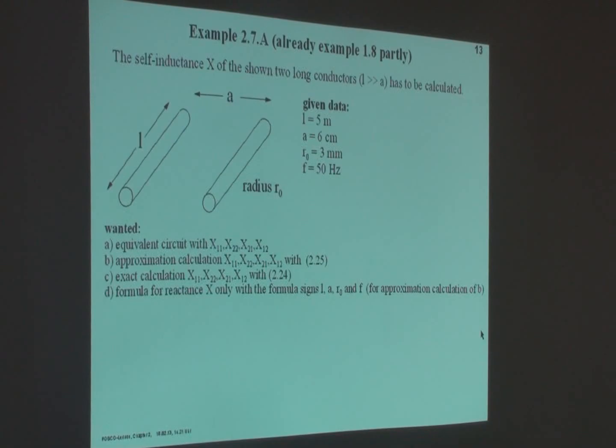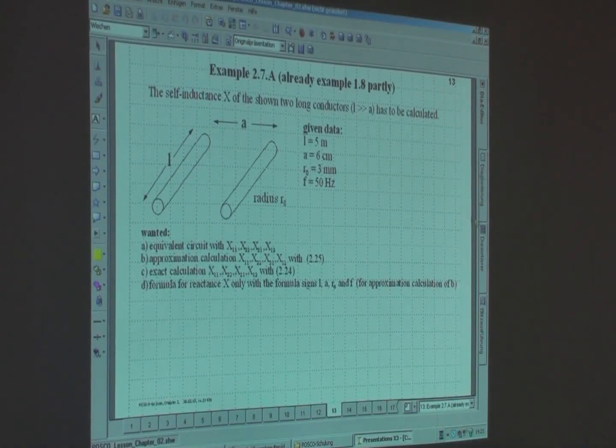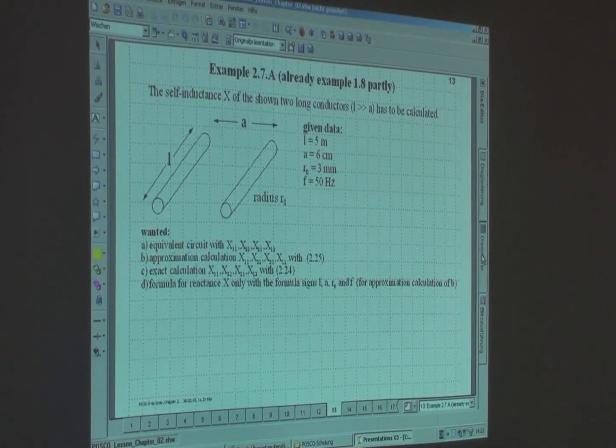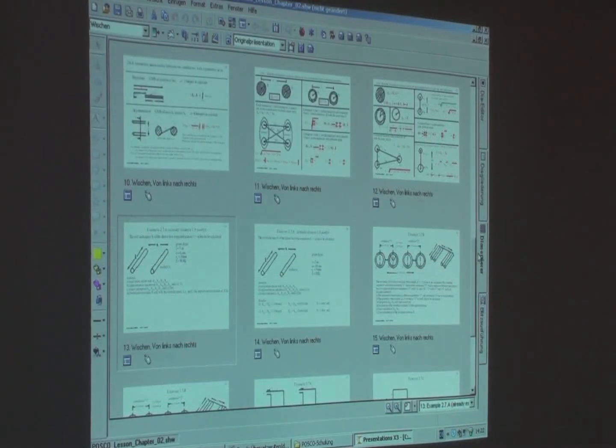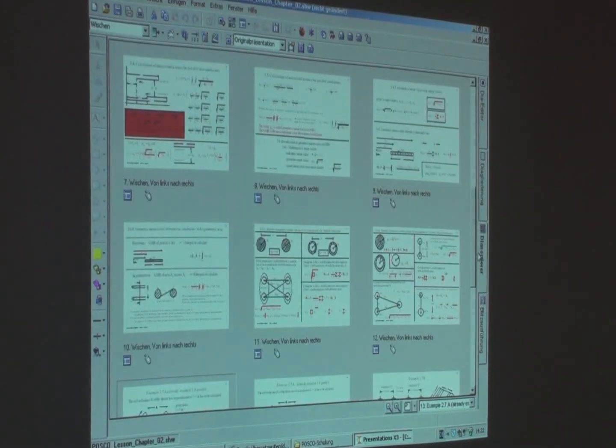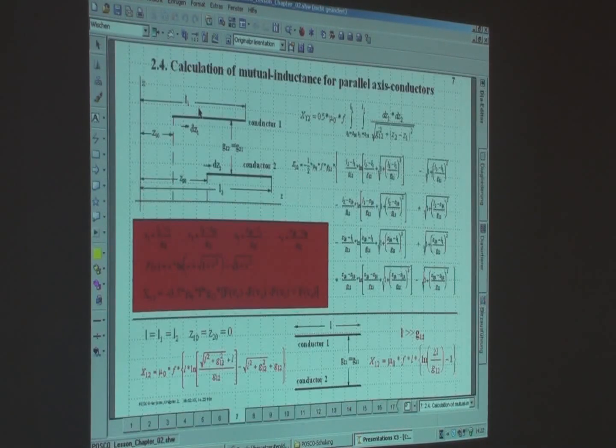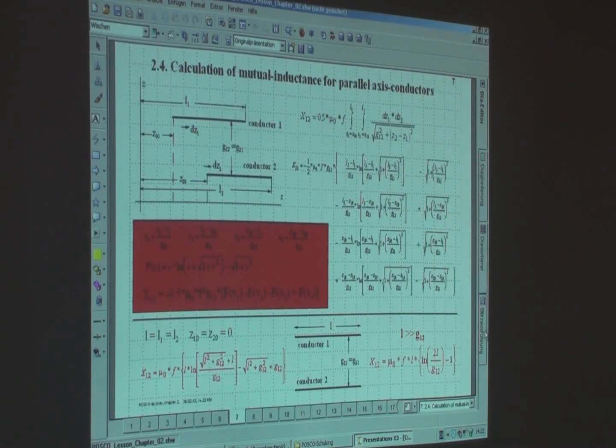We have XAA and XAB to calculate. And now we have to look for a formula for XAA. I have to look here, from 1 to 1, where we have the formula for X. This one.